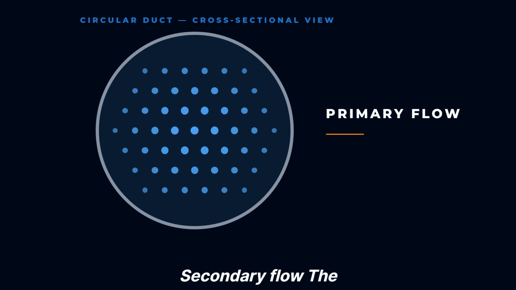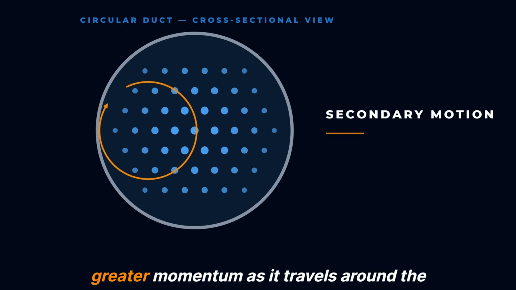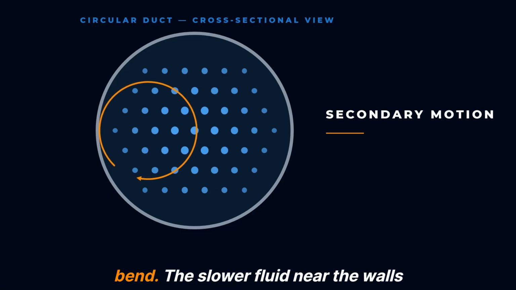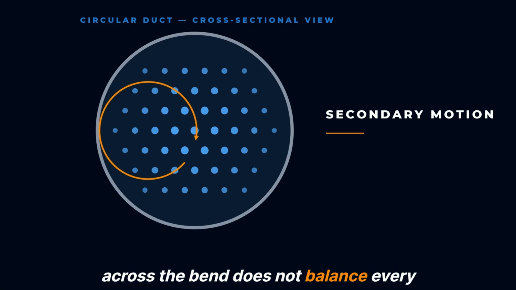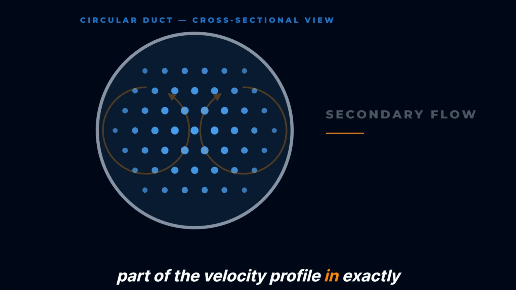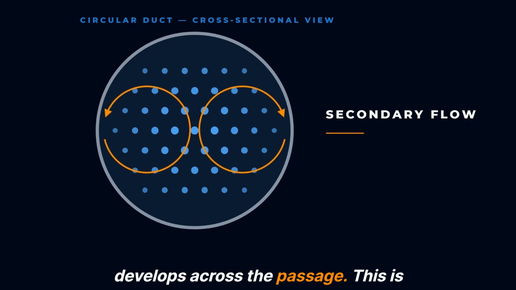Secondary flow. The faster-moving fluid near the core has greater momentum as it travels around the bend. The slower fluid near the walls responds differently. Because of this difference, the pressure distribution across the bend does not balance every part of the velocity profile in exactly the same way. An additional circulation develops across the passage.